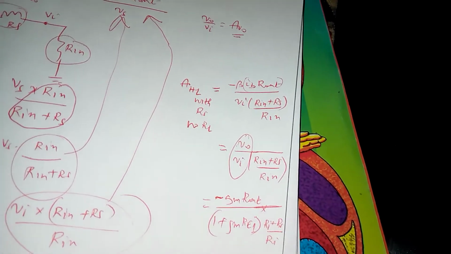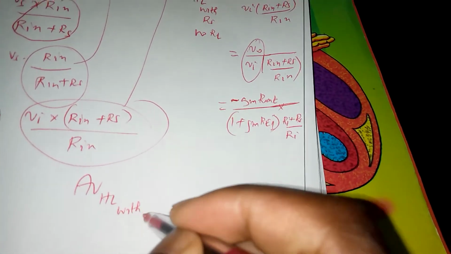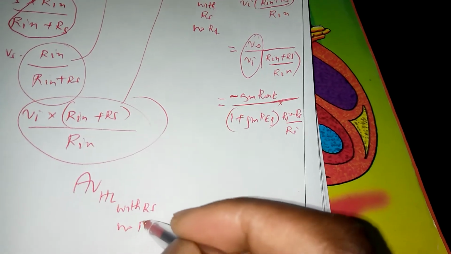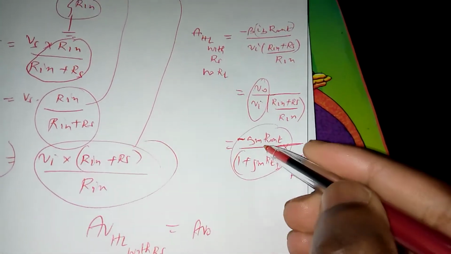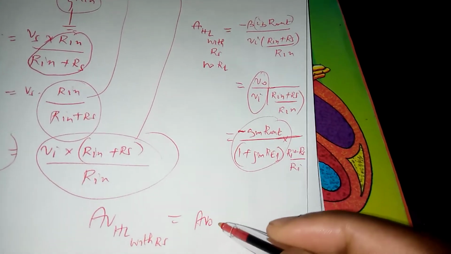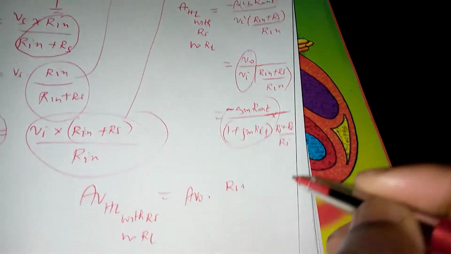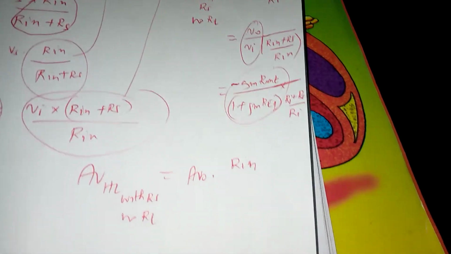So the half-loaded gain in this case, with RS and no RL, can be computed as the open loop gain that we know, minus gm R out over 1 plus gm RE1, all of it multiplied by Rin over Rin plus RS, because when we divide by a fraction, the denominator of the fraction becomes the numerator.